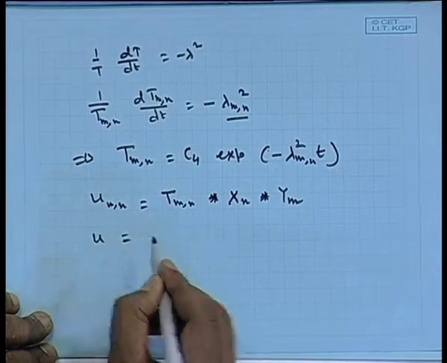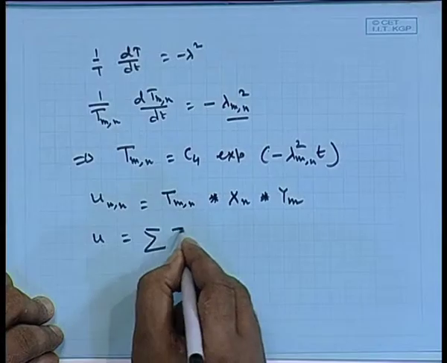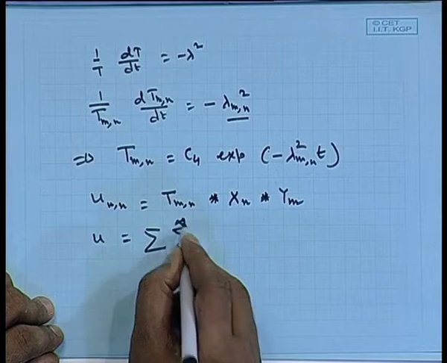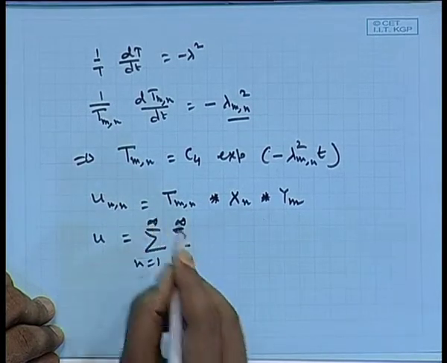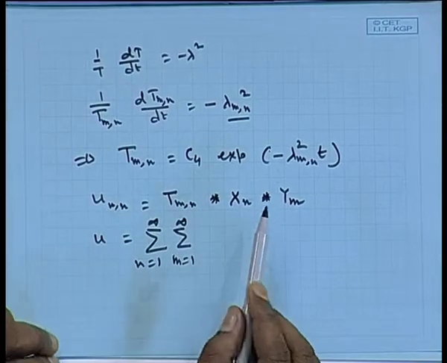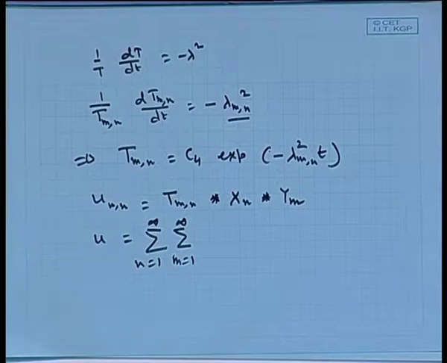The final solution in this case will be a double summation. One summation will be over index m, another summation over index n. m is equal to 1 to infinity, n is equal to 1 to infinity, and if you remember, all these individual solutions will have a constant associated with them.